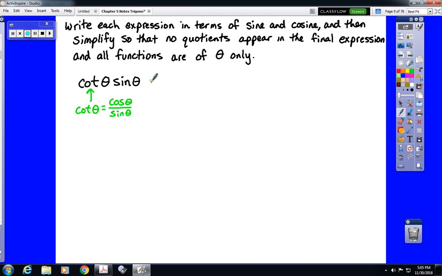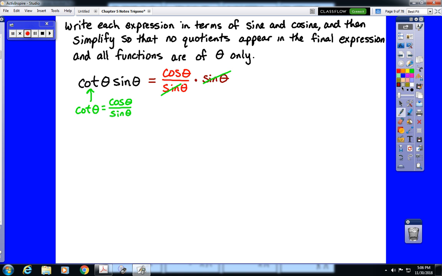So we would write this expression and we would say that's equal to cosine theta over sine theta times sine theta. Well, when we do that, our algebra brain should kick in and say, oh, I've got a sine on the bottom, a sine on the top, those will cancel, which means that this expression is equivalent to cosine of theta, which is a simpler version of the same statement.